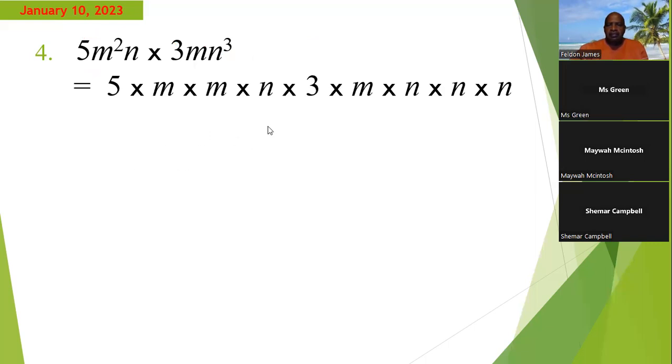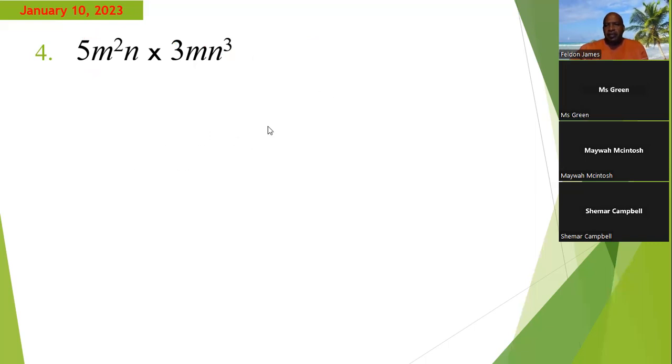Go ahead. Yes, it's 2 here, so you add the other m, that would be 1. So yeah, that's how you get the m to the third power. All right. Your question is, did I add?